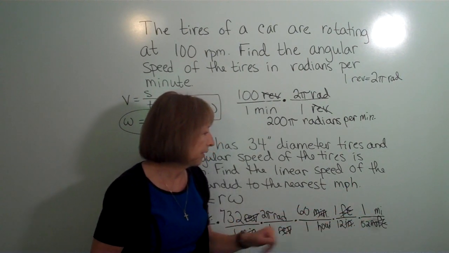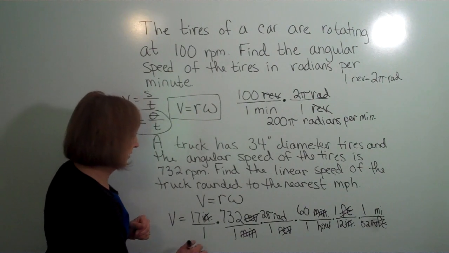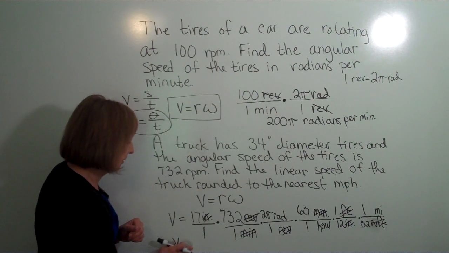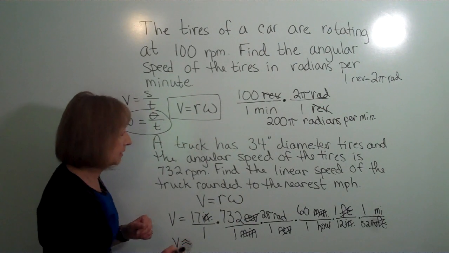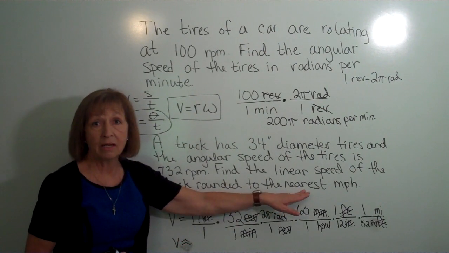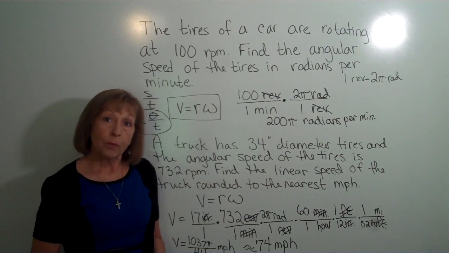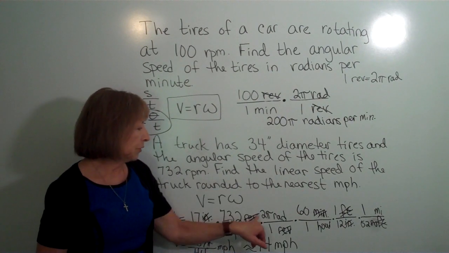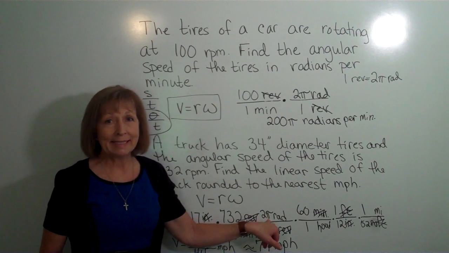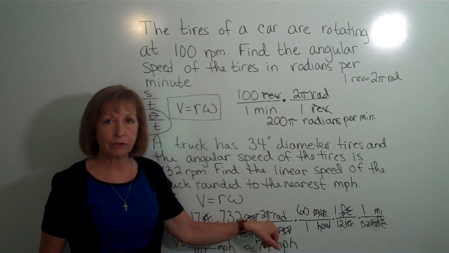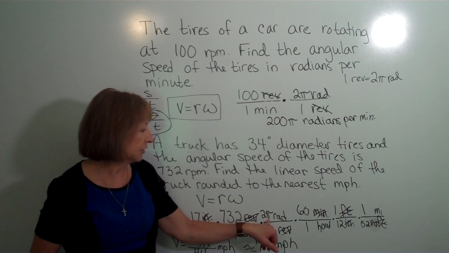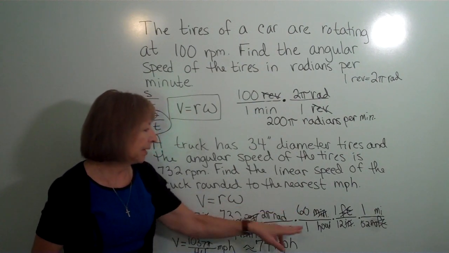Miles per hour. So what we're going to need to do is to go ahead and multiply this out and then give our approximation to the nearest mile per hour. So when you go through and you multiply through the numerator, keep the pi to give your answer exact first before you go to an approximation, and then divide by.